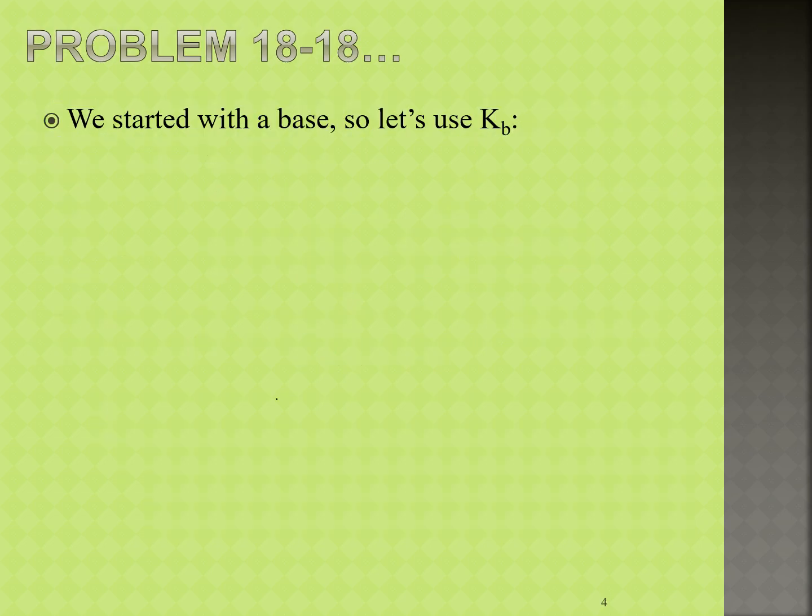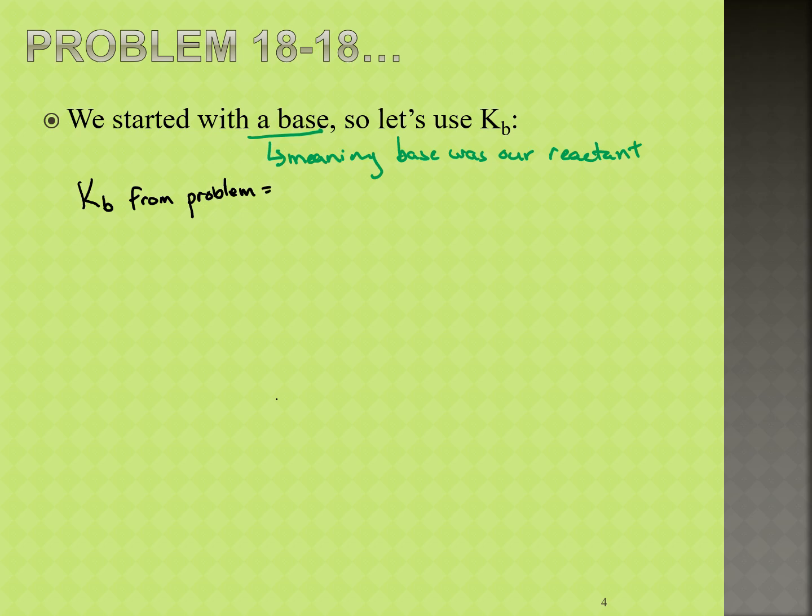This says that we started with a base, meaning that a base was our reactant. And if a base is our reactant, remember that we're going to do a Kb problem. And Kb from the problem itself was equal to 7.4 times 10 to the minus 7th.